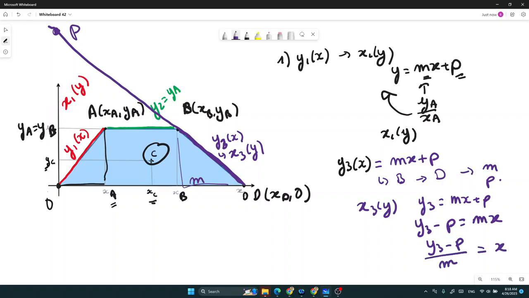This is not just 1 divided by m, it's everything like this, okay? So at the end, you will have your equation x equal y3 divided by m minus p divided by m. Be careful because your slope is negative, so all your signs will be opposite. Okay, so those are the steps to find x3.